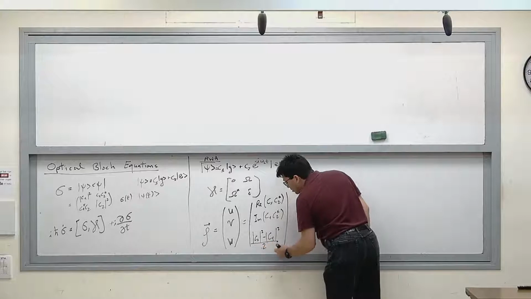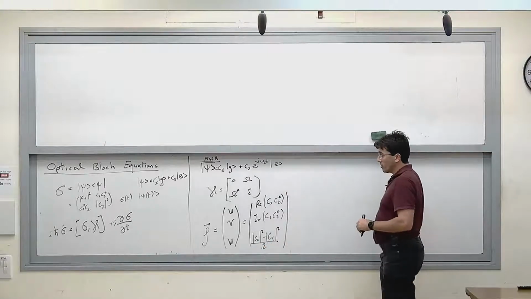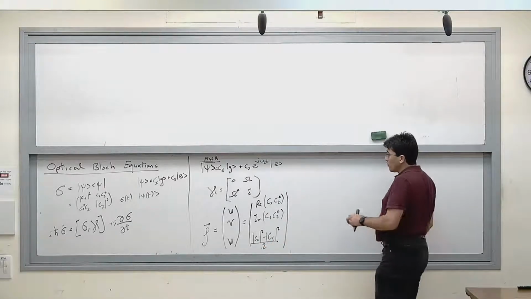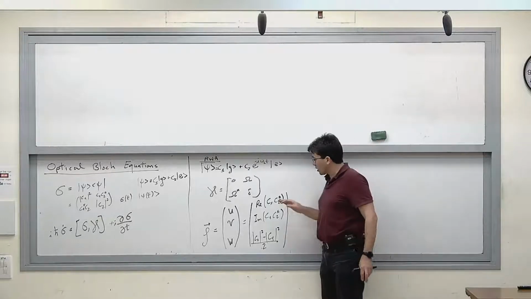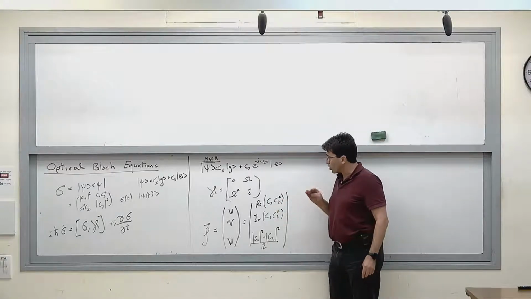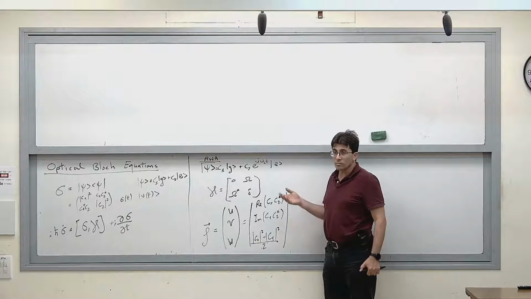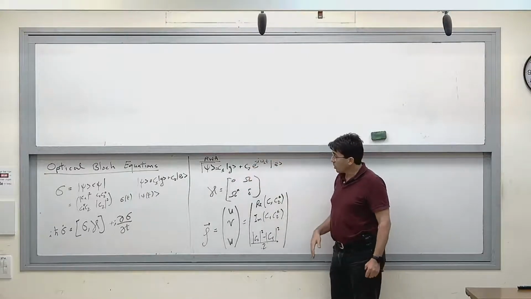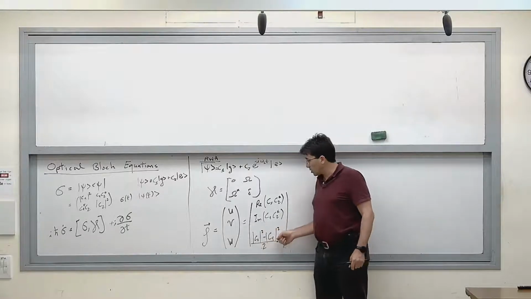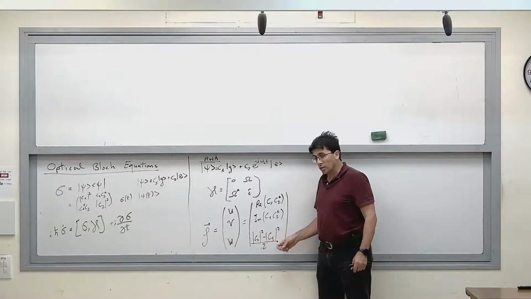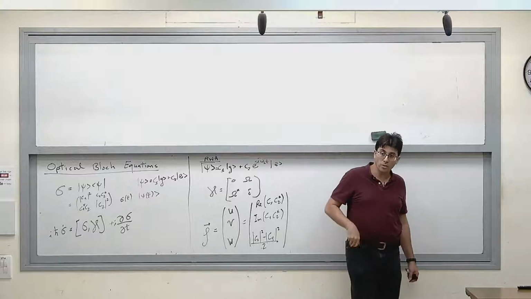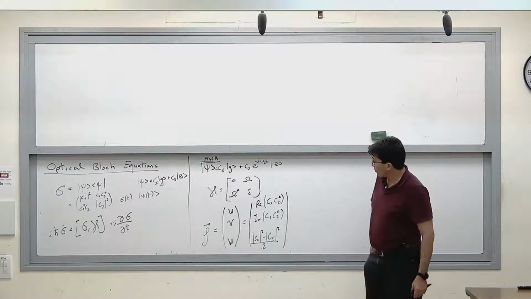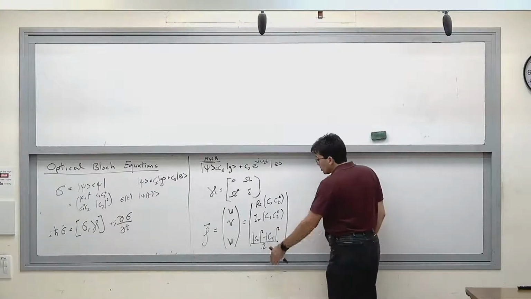What's nice about this vector is that it includes the three true important parameters of the density matrix. The sum of populations is not important. The difference of population tells us the population inversion, or everything about the population.